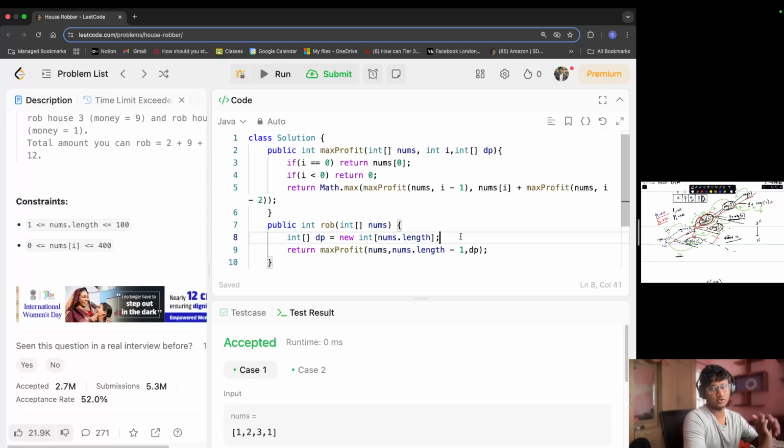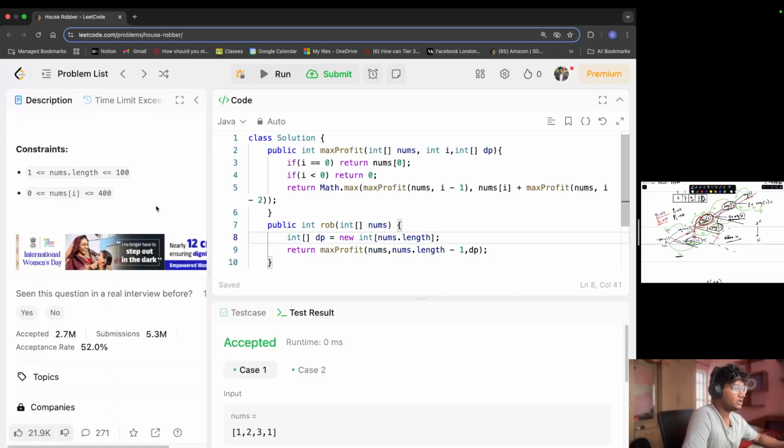Yes, it will, because I don't know if that is the default value of the DP or the actual profit I made until that point. So I'm going to initialize the values of the DP with something the answer can never be, for example a negative number, or integer maximum value or integer minimum value. I'm going to fill it with a negative number.